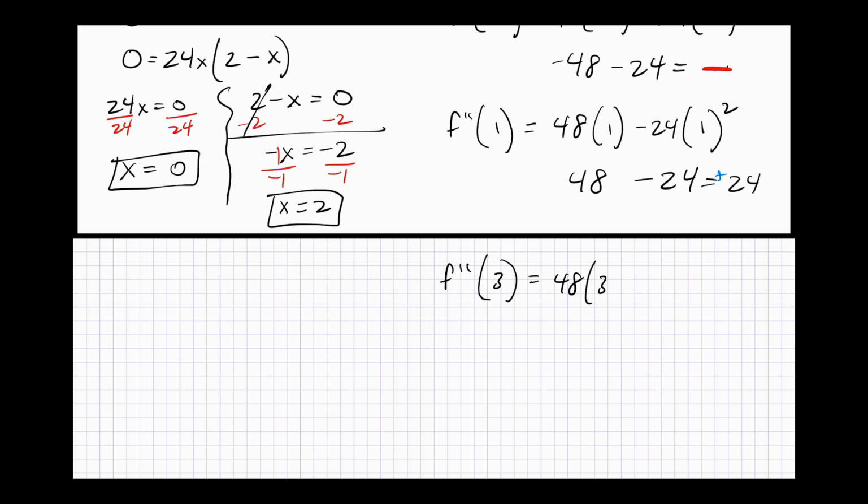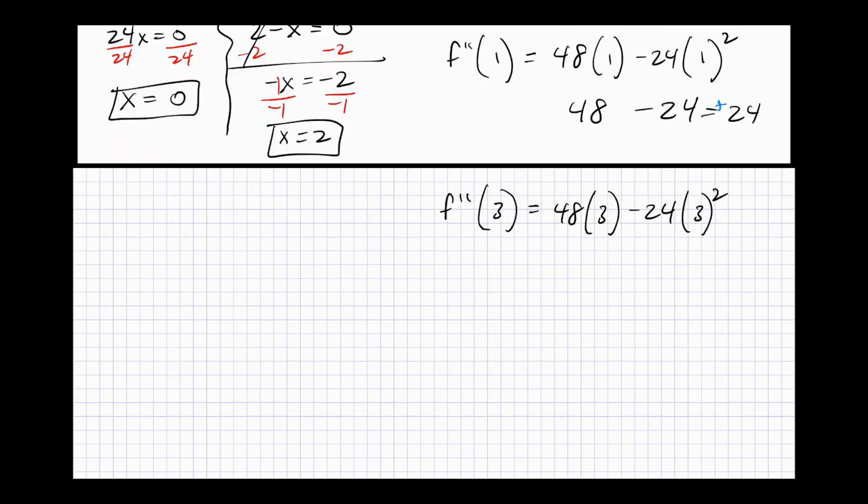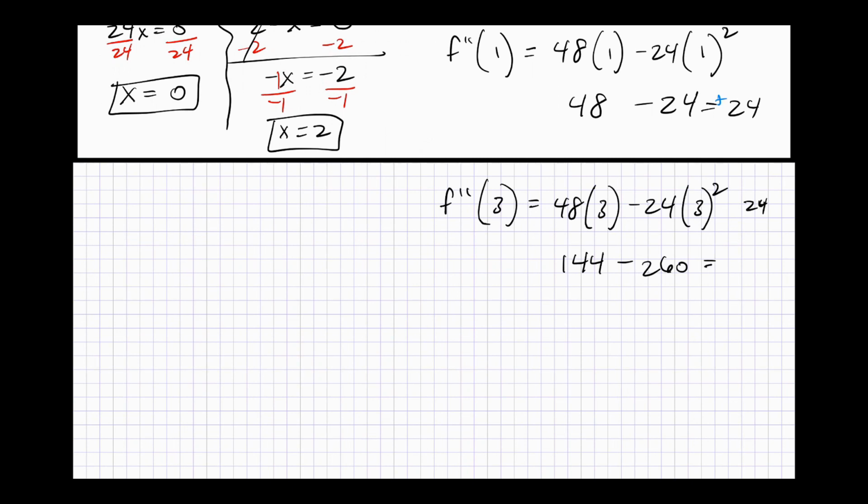So 48 times 3 minus 24 times 3 squared. 48 times 3 is, no, not 72, bigger than 72, 144. 24 times 9 is what? 216. So I know it's going to be a negative number.